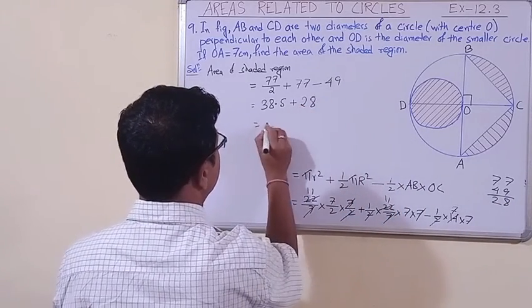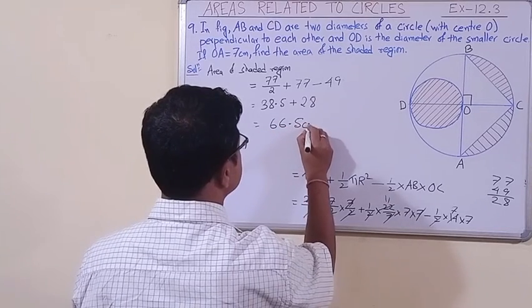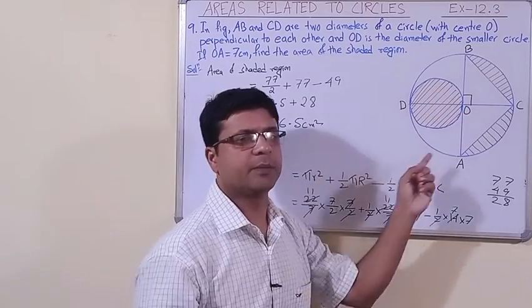So if we add them, it is 66.5 centimeter square. Okay, so this is the area of the shaded part. Alright students.